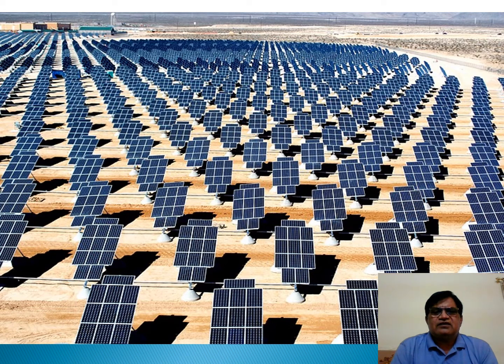So these plants are more cost effective, where the land has less agricultural production or even no agricultural production, and the availability of solar power or sun rays is maximum.